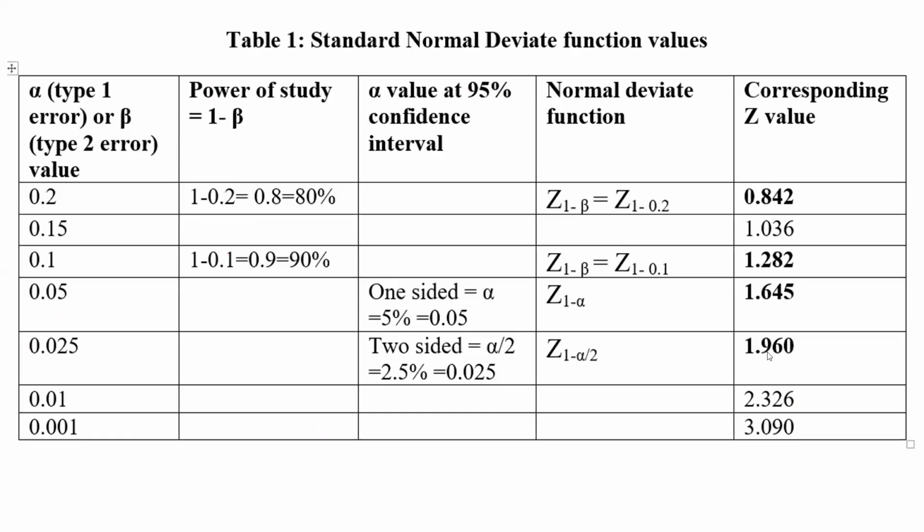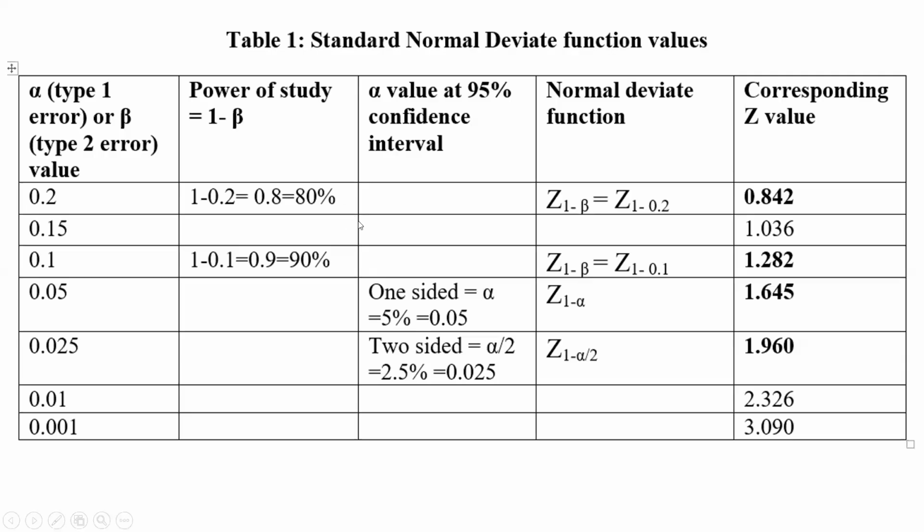And what will be the Z beta value at power of 80%? Please tell me. 0.842. Yes, very good. 0.84. So I think we have each and everything in this formula.